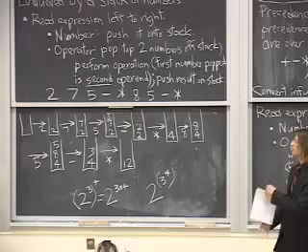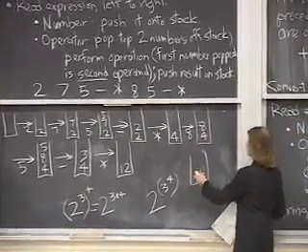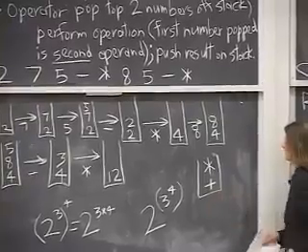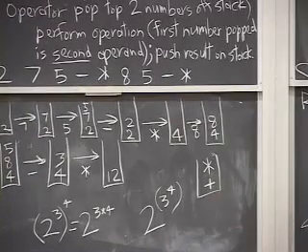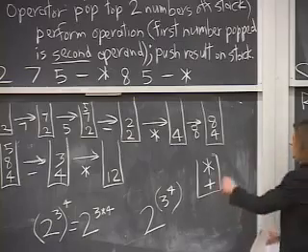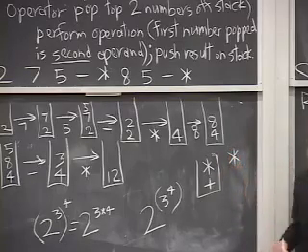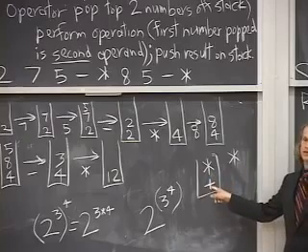Like, for instance, you might have a case where there's a plus on the stack and a times on top of it, and when the next times comes along, if the next operation is a times, then the times will get popped off and the plus will still stay on the stack.